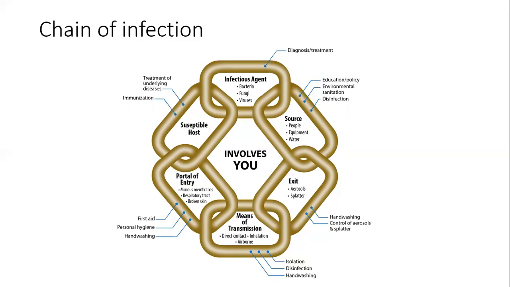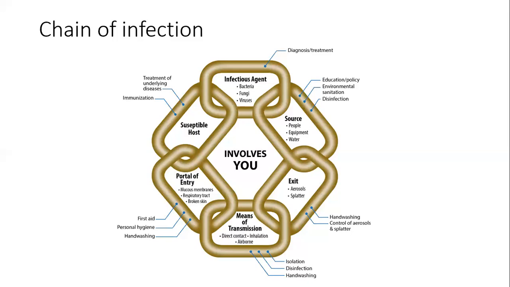And in that link, it talks about the different forms of isolation, which you'll learn more about. And then the portal of entry, ways to break that link are through first aid, like a Band-Aid, washing a wound, personal hygiene, and hand washing. So portals of entry are ways that the first lines of defense are broken.